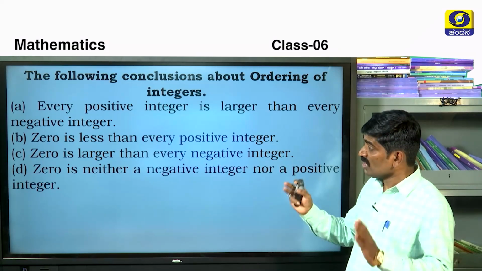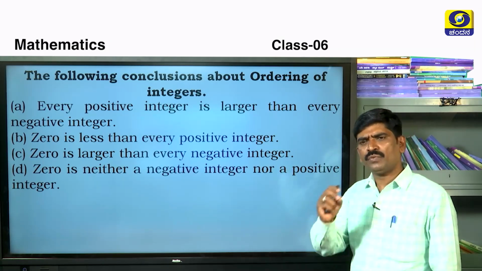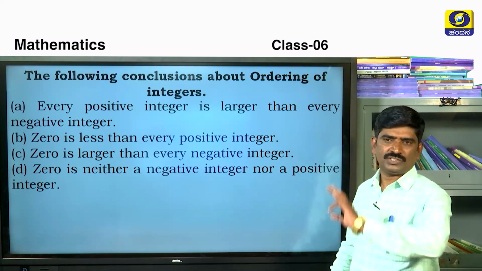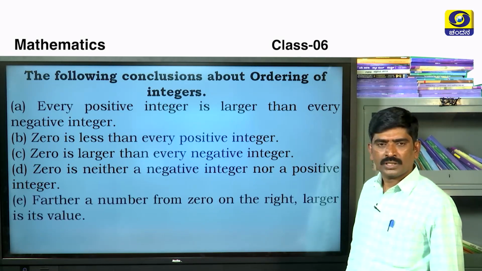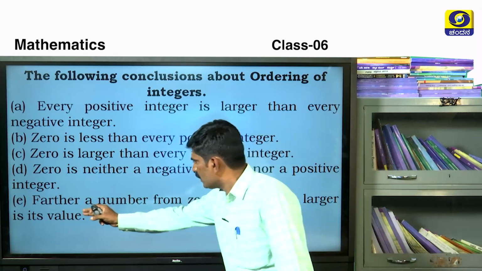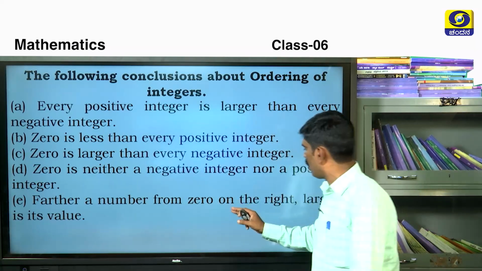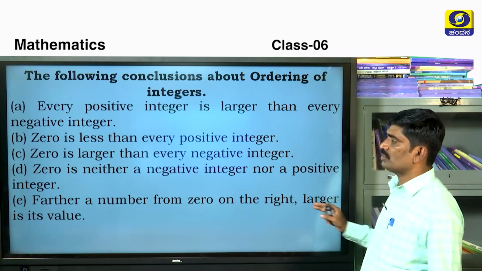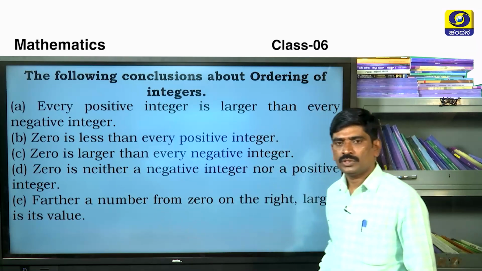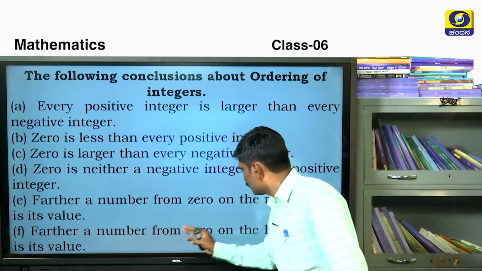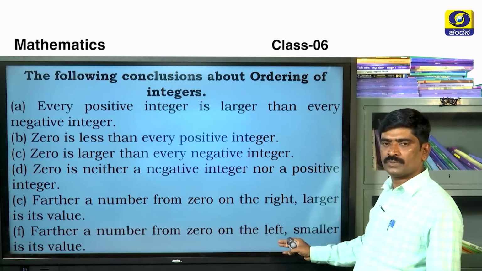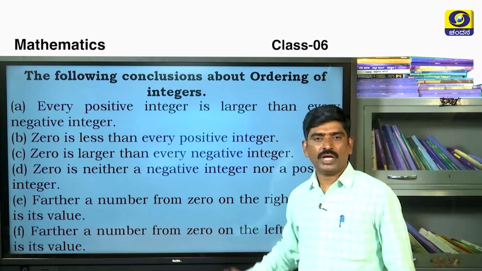Next, 0 is neither a negative integer nor a positive integer. Further, the farther a number is from 0 on the right, the larger its value. The farther a number is from 0 on the left, the smaller its value.